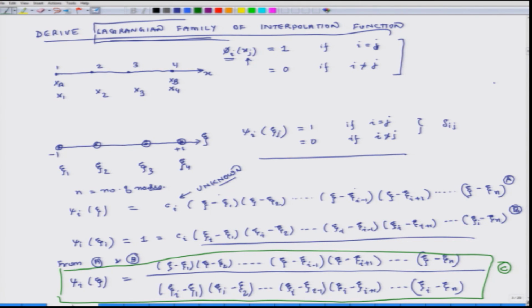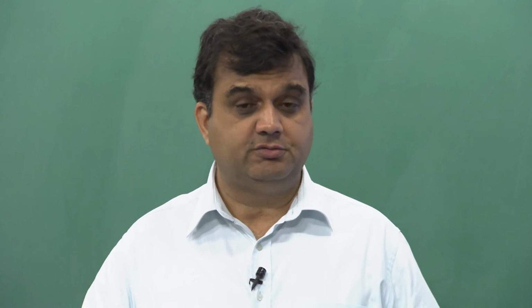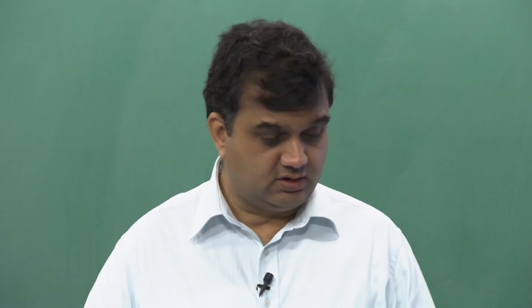That is why this type of definition of Lagrangian functions is easy to develop in computers, because it can be very easily computed and does not change from element to element. It does not matter what the value of x is, because we are in the zeta coordinate system, and there the limits are -1 to 1, that is all.